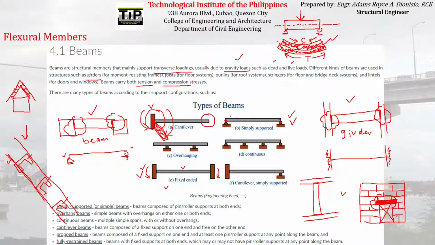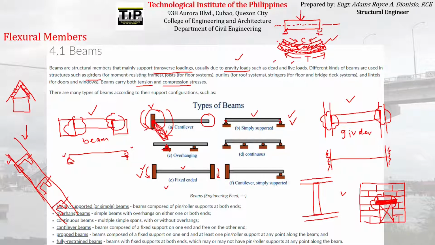Ang simple supported naman, dalawa yung support on both ends, pero hinge or roller lang. Or in general, hindi siya nagre-resist ng moment. So pag ganun yung case, that is what we call simply supported beam. Yung overhanging naman, simply supported lang din to. Dapat hinge man lang to, yung isa.